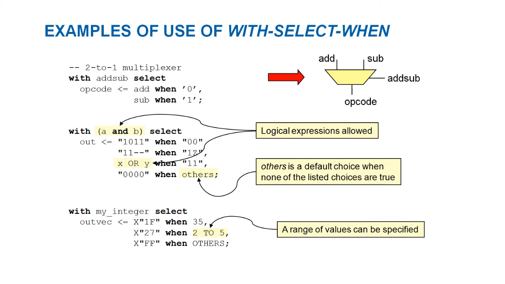And then here is a range that says that when my integer has the value from 2 to 5, then we should assign the characters 2F in hexadecimal to the out vector. Otherwise, we assign characters FF in hexadecimal to the out vector. So this also means that we can use a range in the with select when parallel statement execution.